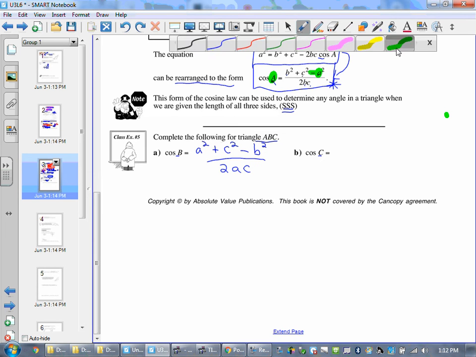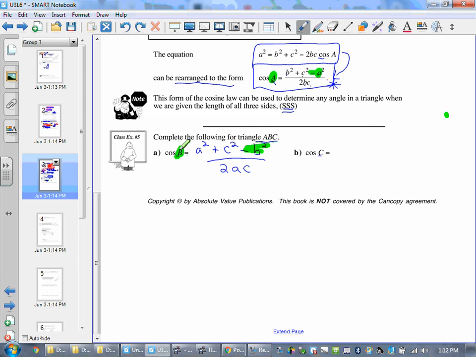We are making sure that these are the matching ones. Does that make sense? You try it for cosine. So this one is cos B equals a squared plus c squared minus b squared over 2ac.